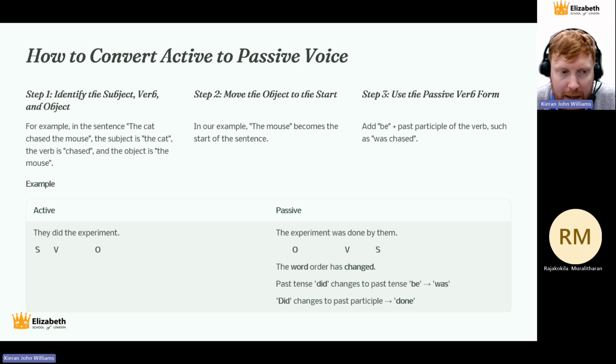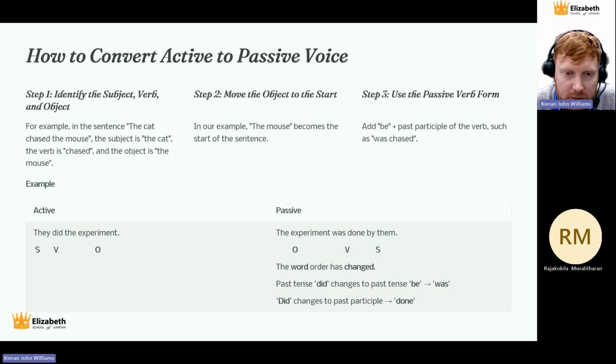That is in the past simple. So that means we need to put be in the past simple, which means that it can be was or were. If it is in the present, then it could be is, am, or are.